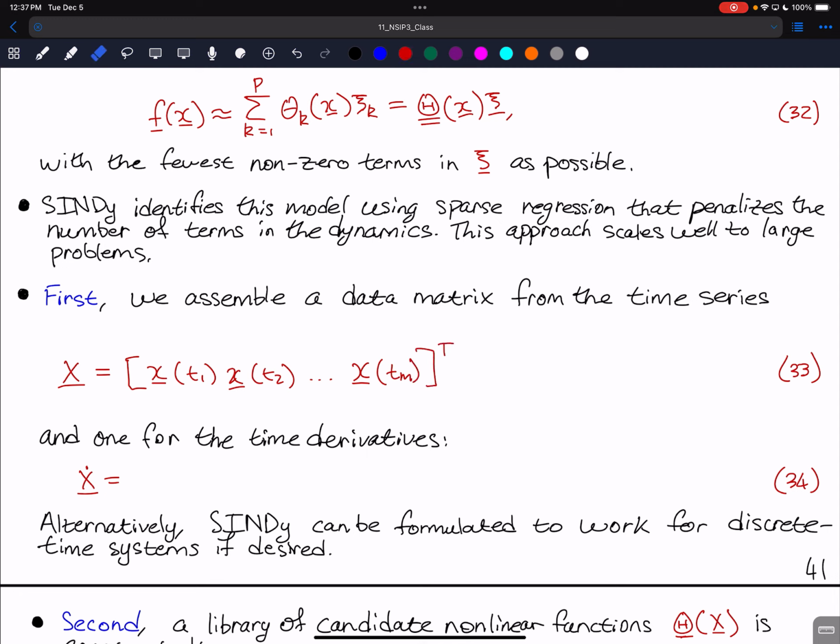And that is then transposed, which is then equal to the matrix: first degree of freedom at t1, all the way up to that first degree of freedom, or first state variable, at tm, up to, let's say, x sub n at t1, and then x sub n at tm.